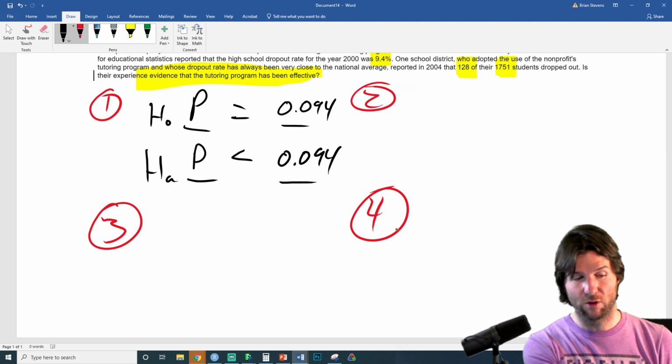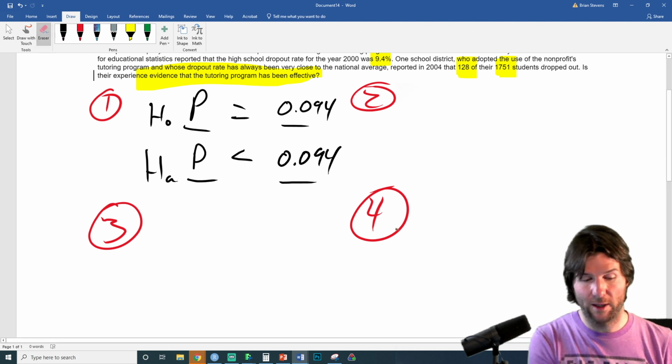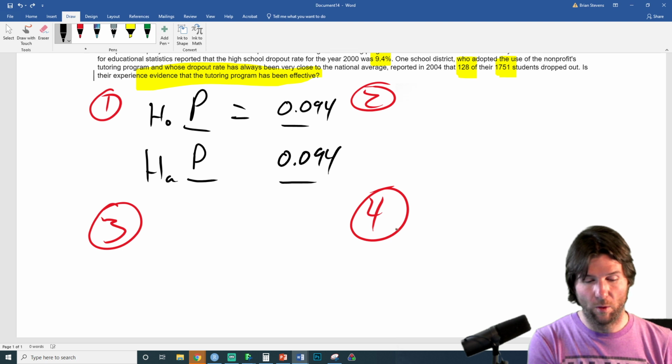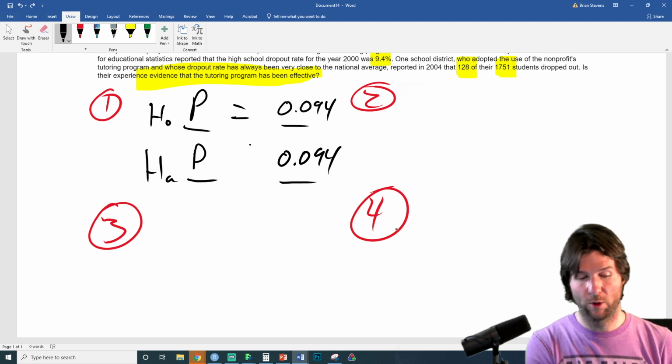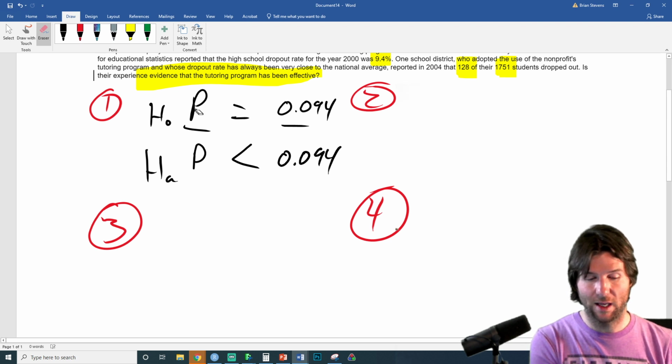So we're trying to see if the true proportion has decreased. And so this spot right here on the alternative will either have greater than, not equal to, or less than. Those are the only choices. And we're trying to see if the true proportion has gone down. Try reading it as a sentence. Here, listen as I read these as a sentence.